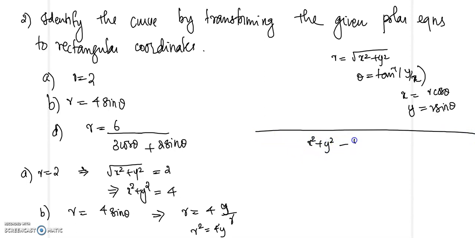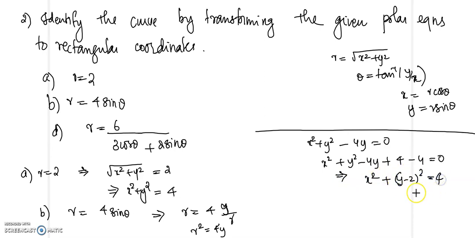So x square plus y square minus 4y equal to 0. So I can add and subtract 4. So this is actually a circle. So we'll get x square plus (y minus 2) whole square equal to 4. So it's a circle centered at the point (0, 2), again with radius equal to 2.